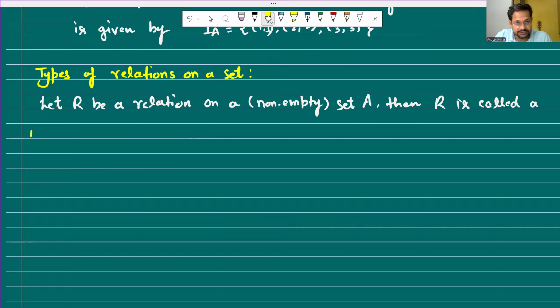So first we call it a reflexive relation if and only if A is related to A. It means every element from the set A is related to itself.